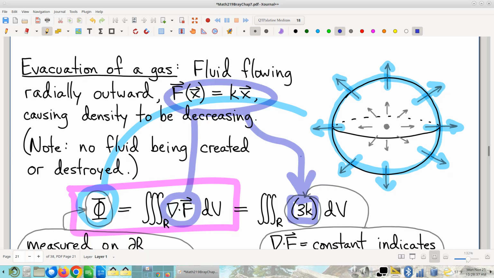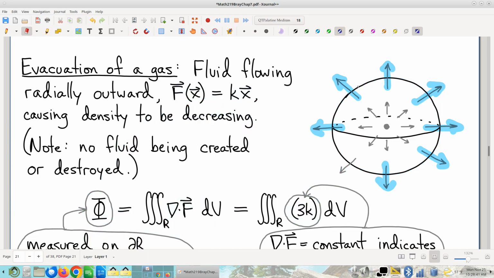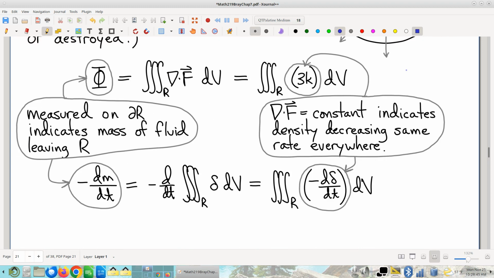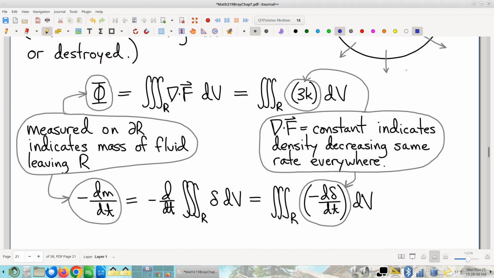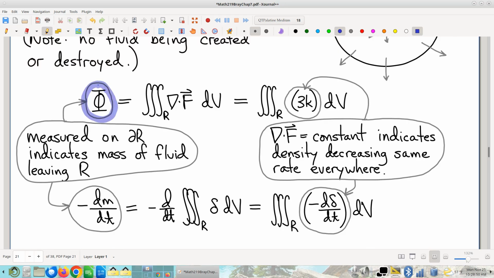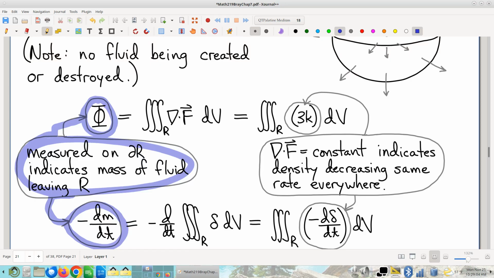And the way I like to do this, by the way, this is another change that I've made to these notes just today, earlier this morning. And that is to make the observation that in this case, flux represents fluid leaving the region and therefore represents the rate of decrease of the total amount of fluid in that region. Right, now this is just a geometric sort of physical appeal.